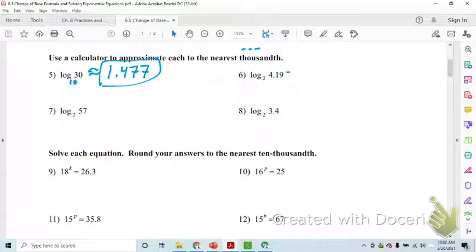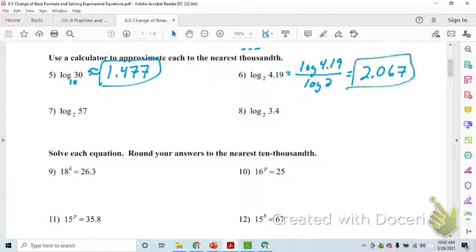Now, number 6, when you plug that into your calculator, you're going to plug in log 4.19 over log of 2. When you do that, ladies and gentlemen, you should end up with approximately 2.067. Once again, if you're not able to get these answers, you need to figure out how to use your calculator by watching one of the videos or messaging me, or maybe even looking it up online if you want.